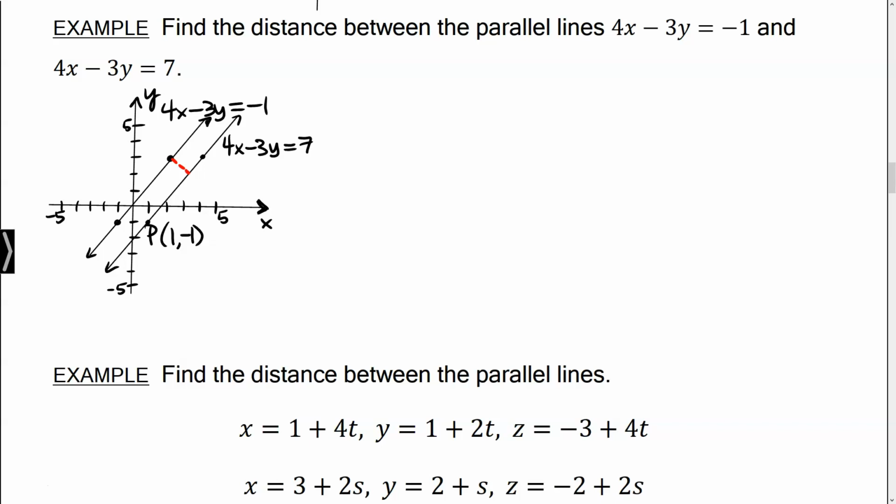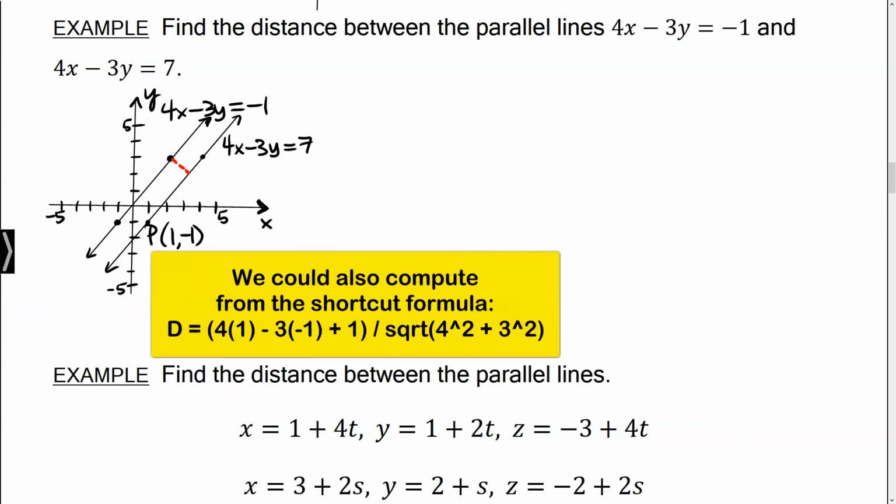So we've got a point. And what is a normal vector? Well, again, a normal vector we can just read off from the components here. We know that a normal vector is going to be given by (4, -3).